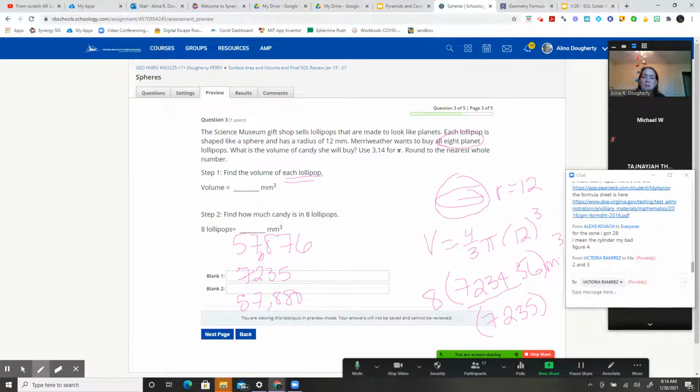It sounds like a lot of volume for a lollipop, huh? But remember, millimeters are awfully tiny. Does that make sense? If you're looking for a whole sphere, you do the whole formula with the radius. If you're doing a hemisphere, you cut it in half.